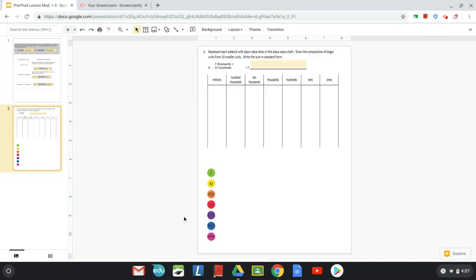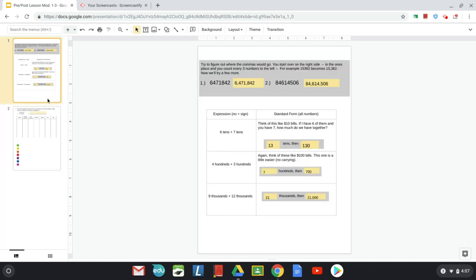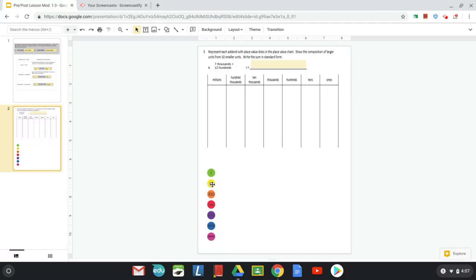I'll go back and I'll just do one of the other ones quickly from before using the chart. So if I look at the first one, 6 tens plus 7 tens, I can show you that on the chart, see if it makes it any easier. So I need 1, 2, 3, 4, 5, definitely got to run out of room, 6.